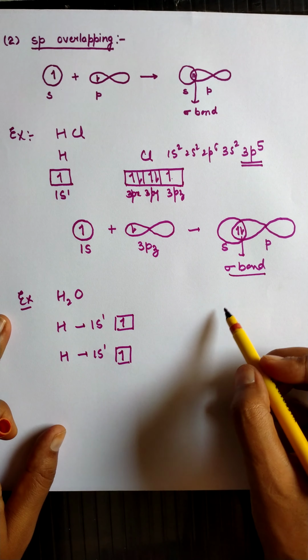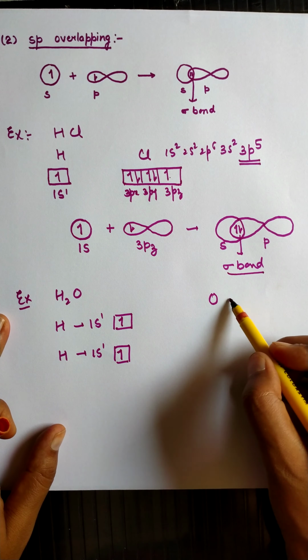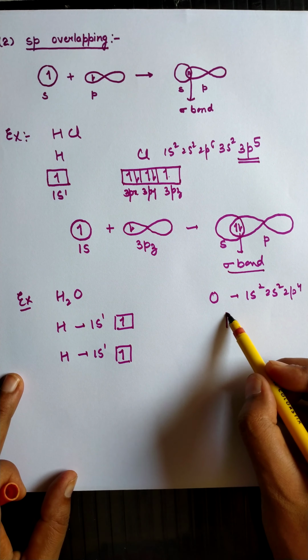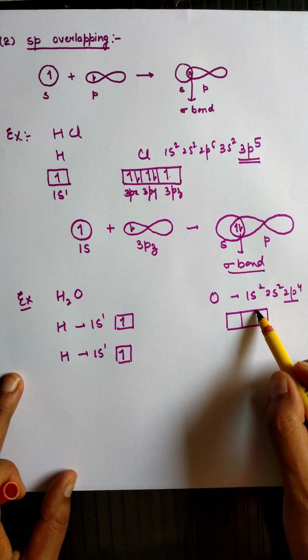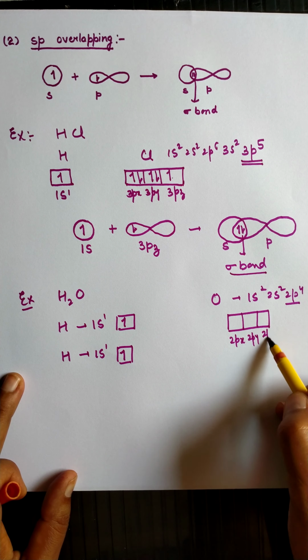And oxygen has the configuration 1s2, 2s2, 2p4. I am just going to draw the 2p4 orbitals, that is 2px, 2py, 2pz: 1, 2, 3, this one is 4. Two free orbitals are there.